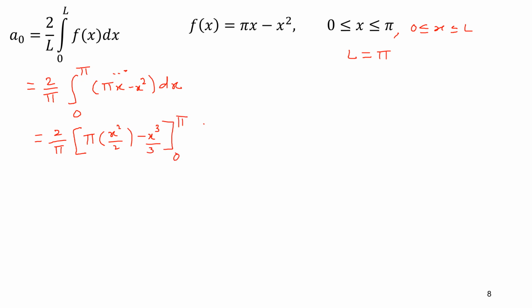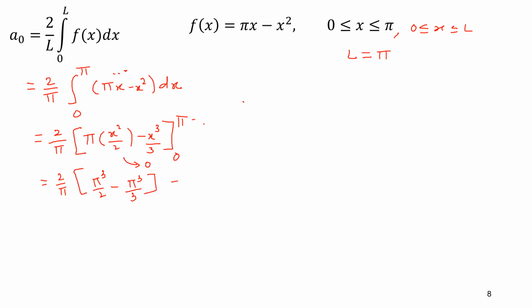So we have this value as 2/pi, then for the upper limit we have to calculate the value, because for the lower limit it becomes 0 since x is 0. So it is pi into pi square, that gives pi cube divided by 2, minus pi cube by 3.